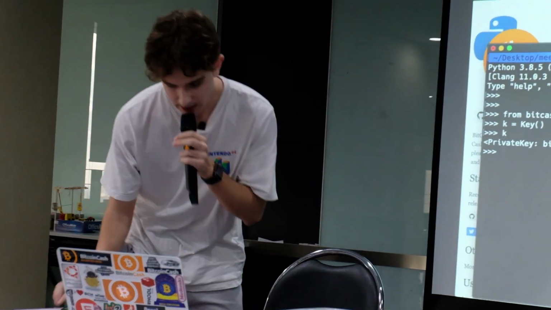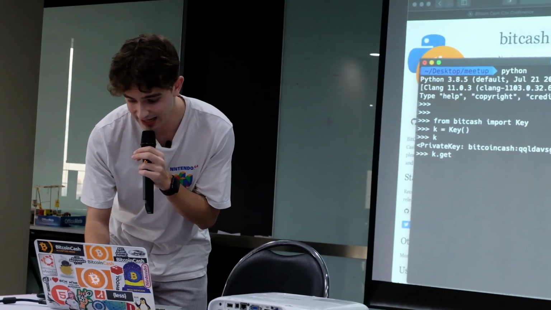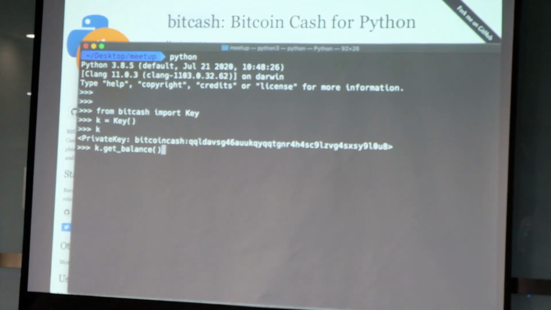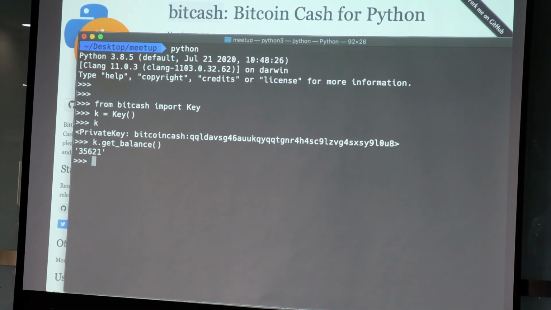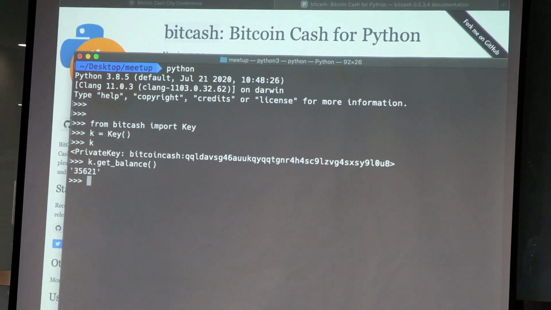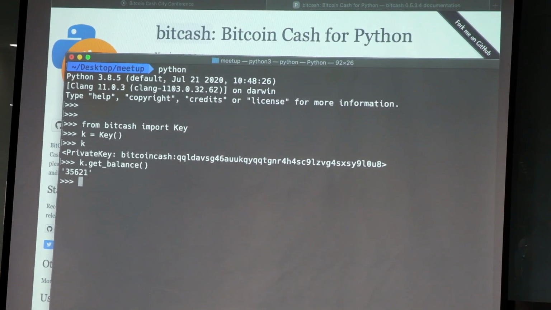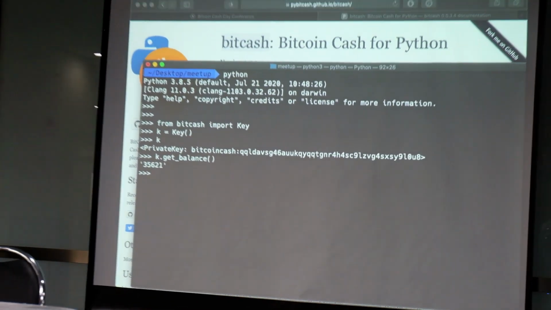Okay, now what you can do is invoke the get_balance method, and this will basically, as you can guess, get you the balance. So this is the balance in Satoshi. A Satoshi is 0.00000001 Bitcoin, so it's a very small amount.